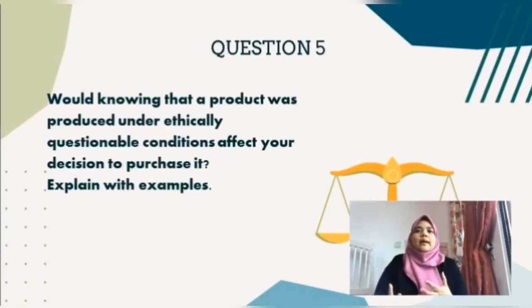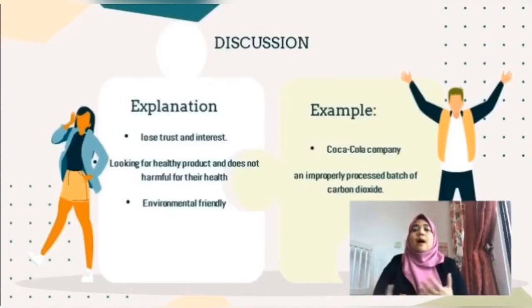Well, knowing that a product was produced under ethically questionable conditions, does it affect your decision to purchase? Explain with an example. From our discussion, we conclude that yes, knowing that a product was produced under ethically questionable conditions will always affect our decision, because as consumers, the majority will lose trust and interest in consuming any product that does not fulfill the right ethics in producing their product.